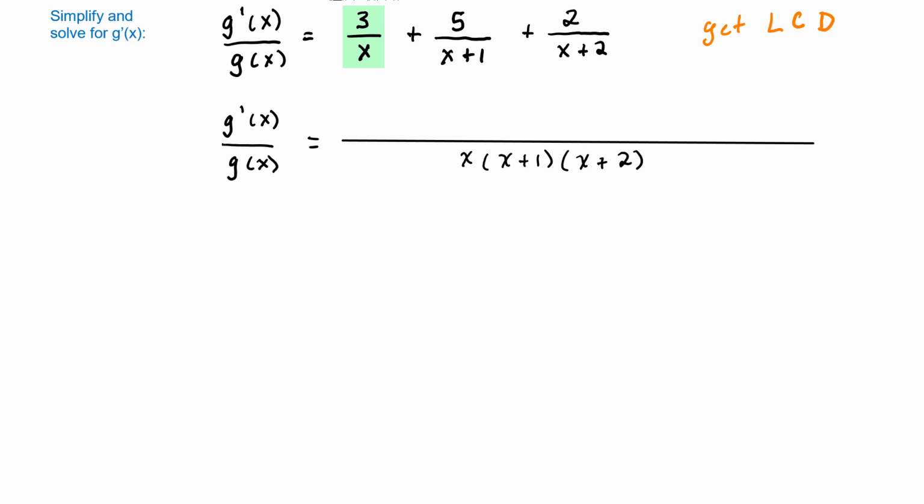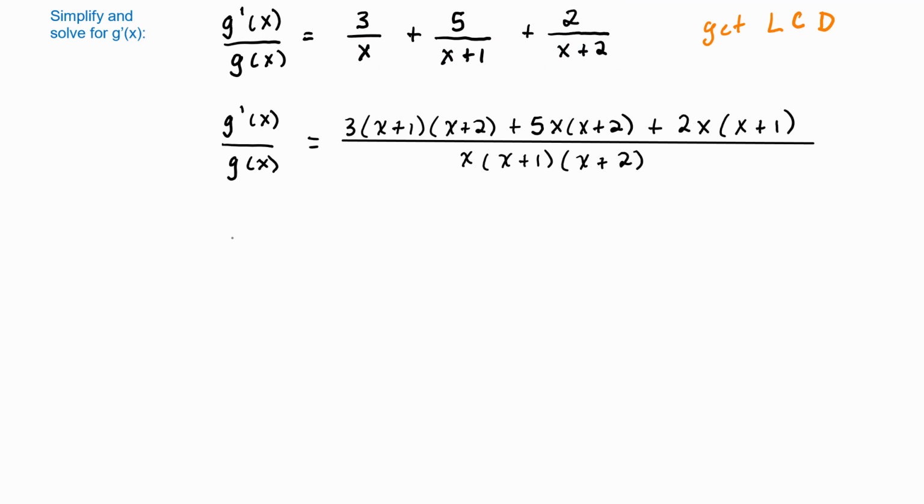This first rational expression is missing these two denominators, so we take 3 times quantity x plus 1 times quantity x plus 2, plus this second rational expression is missing the denominator of x and x plus 2, so we take 5 times x plus 2, plus this third rational expression is missing the denominator of x and x plus 1, so we have 2 times x times quantity x plus 1.